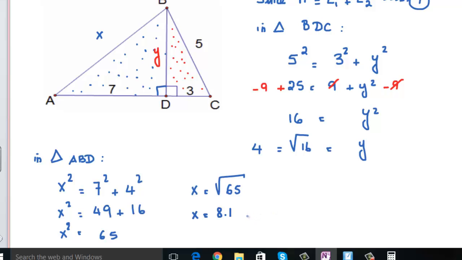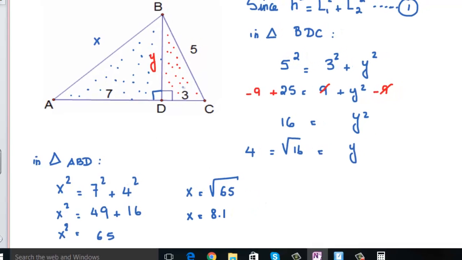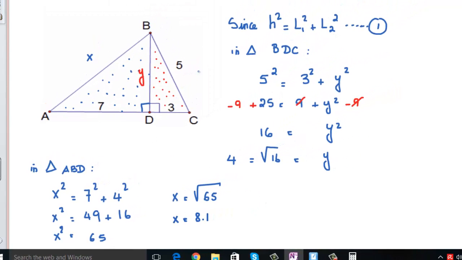It depends. Now there is something very important to notice. In these two triangles, you will notice something very important. When I found Y, we found it equal to 4. If you compare leg 1 and leg 2 and hypotenuse, the hypotenuse is the largest number. So 5 is greater than 4, 5 is greater than 3.